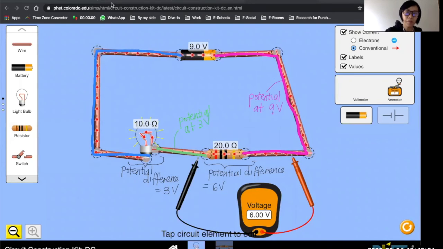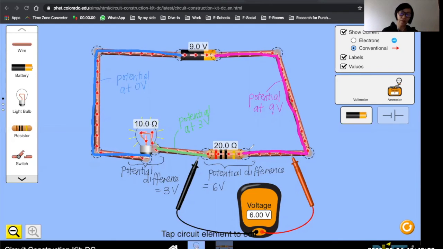And therefore, the potential of my blue wire will be at 0 volts, such that you can see the potential difference across the bulb is 3 volts and the potential difference across the resistor is 6 volts.